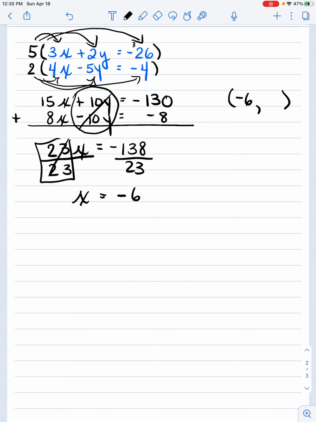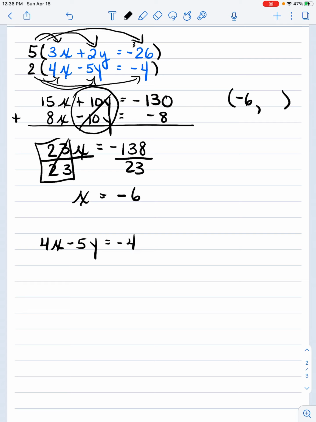Okay, how am I going to find my y? Well, I'm going to pick one of these, and I think I'm going to pick the second one. And I'm going to do 4x minus 5y equals negative 4.